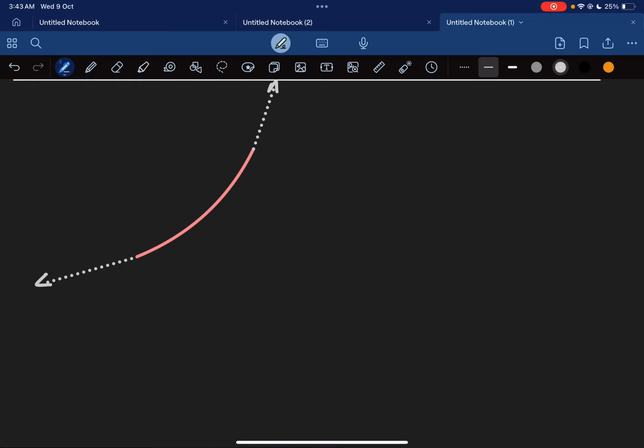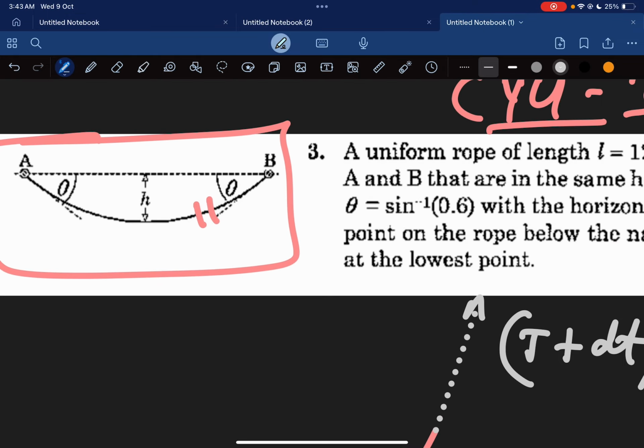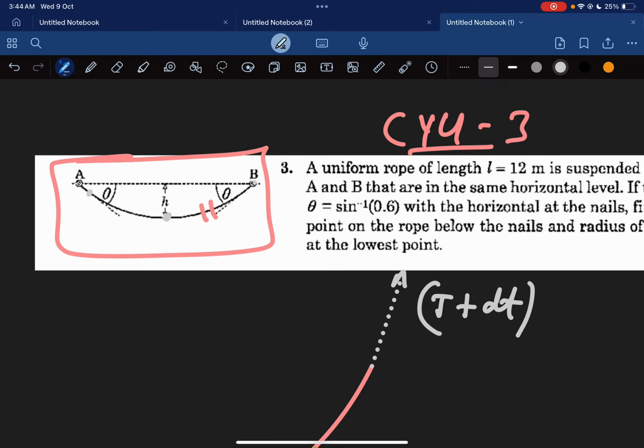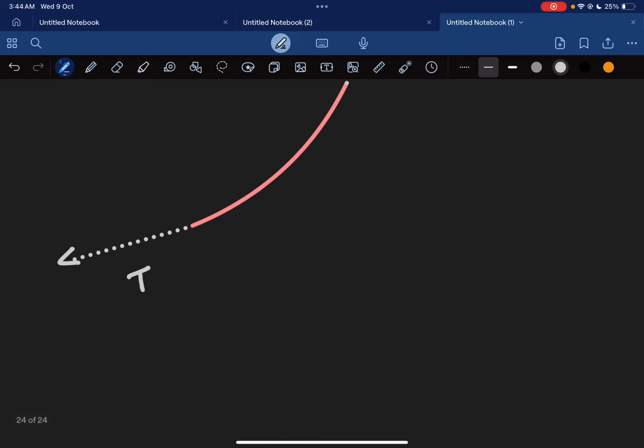If my tension here is T plus dT, then here it would be T. The tension is increasing as I go up the slope, from the bottom point up to point A or point B. I'm not complicating it again and again.